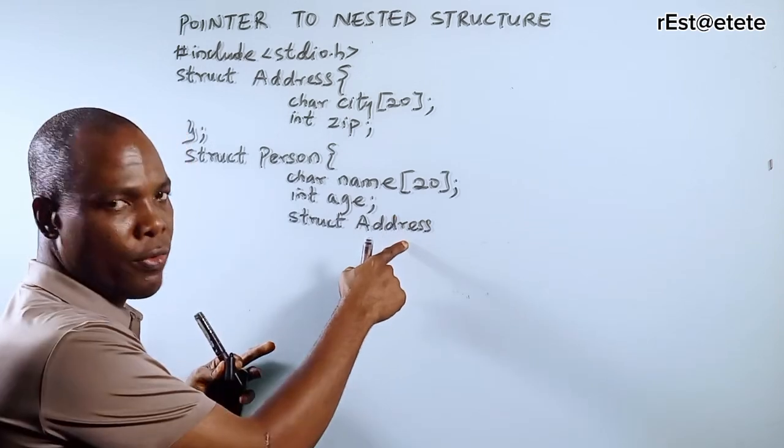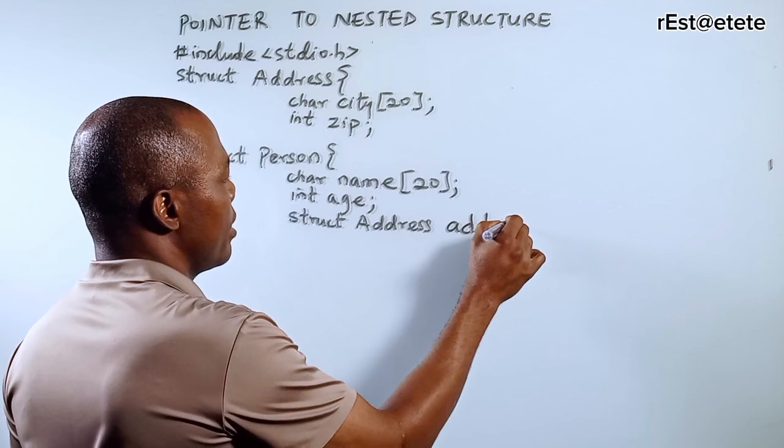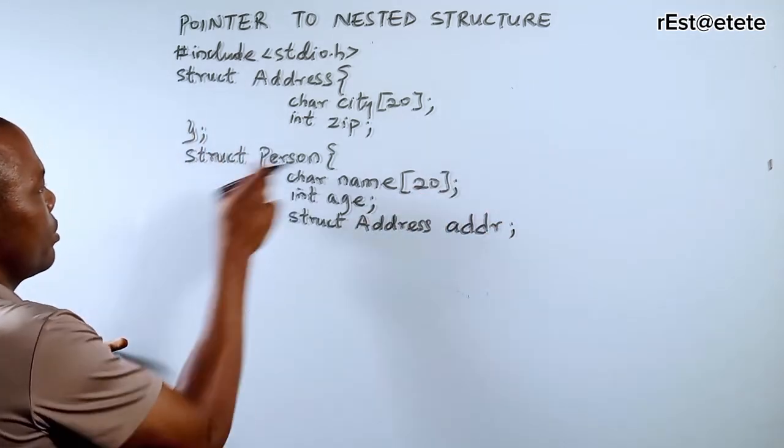Then we are creating a variable for this address structure, so we'll call it addr, right? Then I'm going to close this.